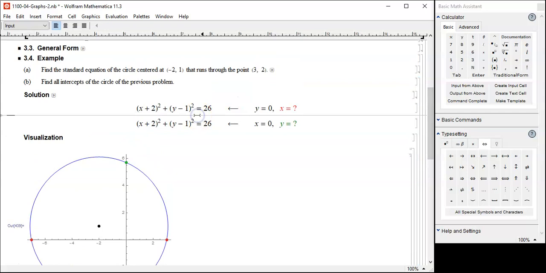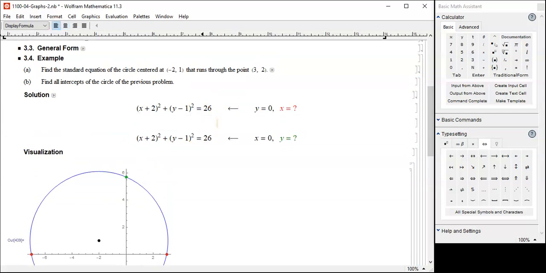Okay, how do we handle the first half of the problem? Plug in y is equal to 0. Okay, here we go. And y is equal to 0, so there you go. X plus 2, squared, plus 1 is equal to 26.